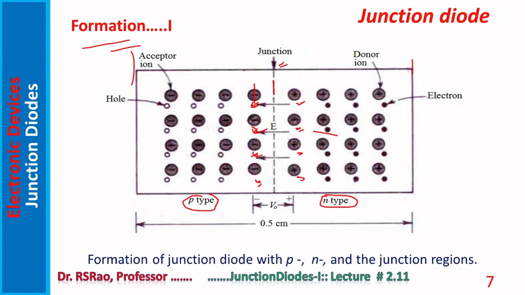These two columns can be viewed as a parallel plate capacitor. Right plate with the positive charge, left plate with the negative charge.